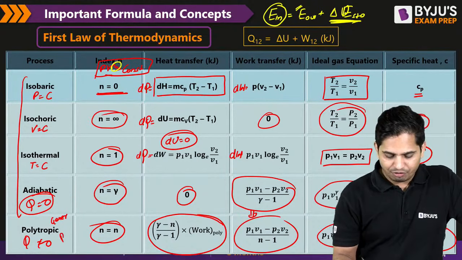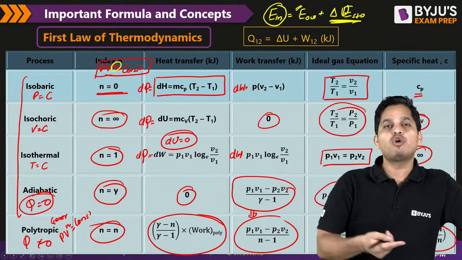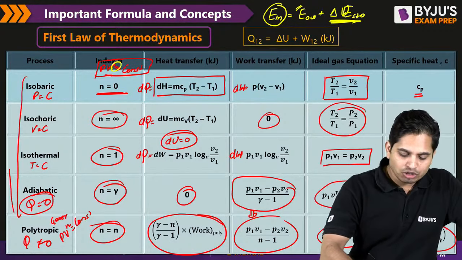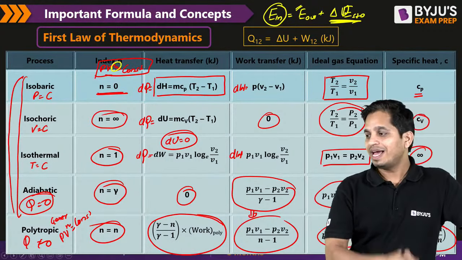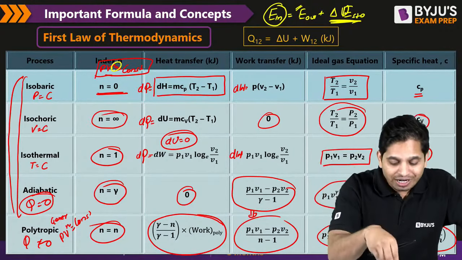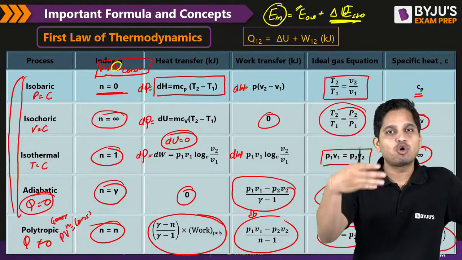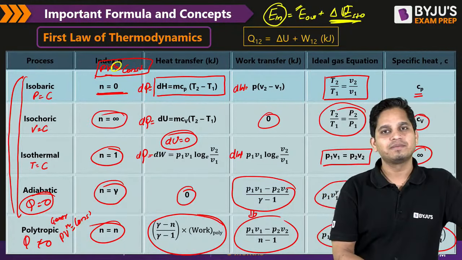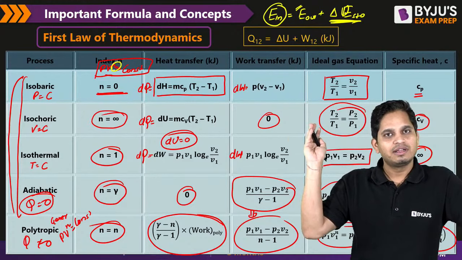The equation is PV^n equal to constant. Now you change the value of n and you get any process you want, even processes that are not isobaric, isochoric, isothermal or adiabatic. Any general process.